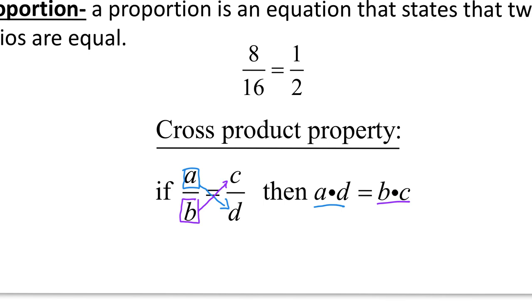Now notice what happens when I cross multiply. We had a proportion, two fractions equal to each other, and when I cross multiply, I have an equation, but we don't have fractions anymore. So that's what we can do when we have proportions and we want to solve the proportion.